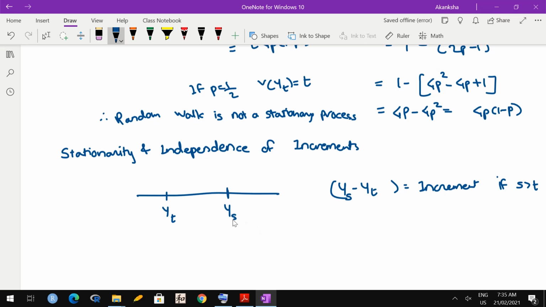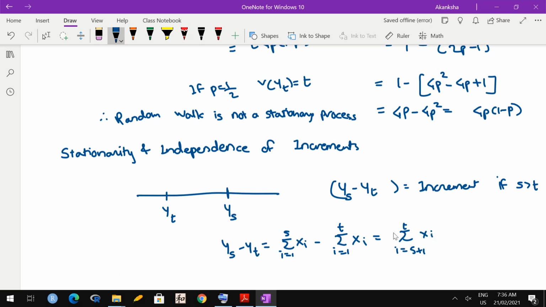So what do I mean by stationarity and independence of increments? Ys minus yt, how do I write it? By definition, ys is the sum over i going from 1 to s of xi, and yt is the sum over i going from 1 to t of xi. So this becomes the sum over i going from s plus 1 to t of xi, correct?